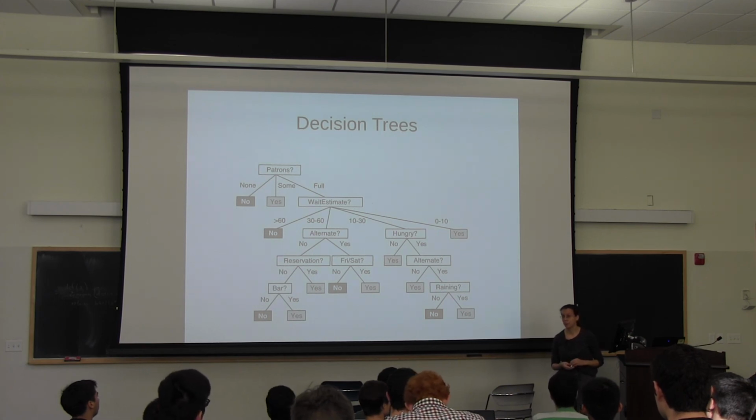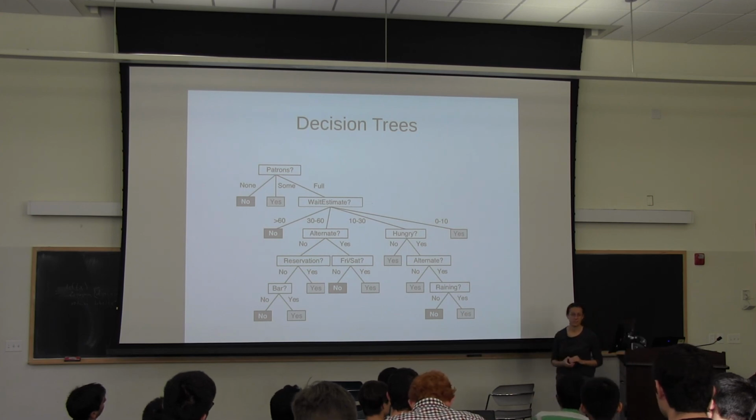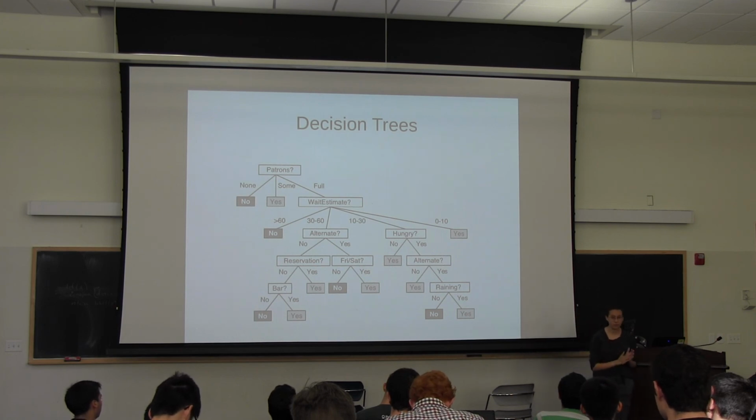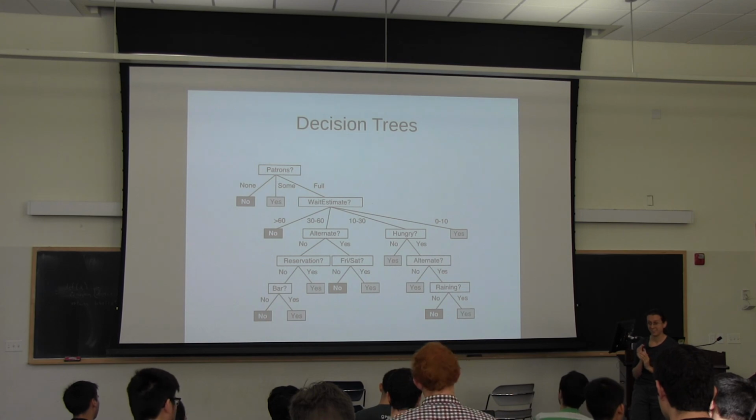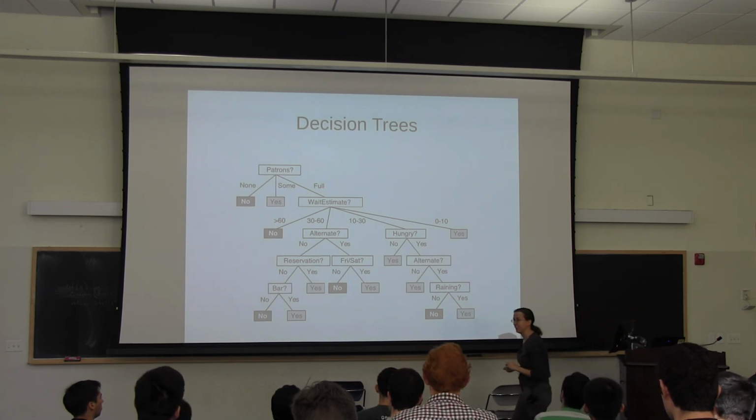There could be multiple different trees. So what do we want to be true about our tree, besides having minimum error on our training set? What do we want to be true about our tree?